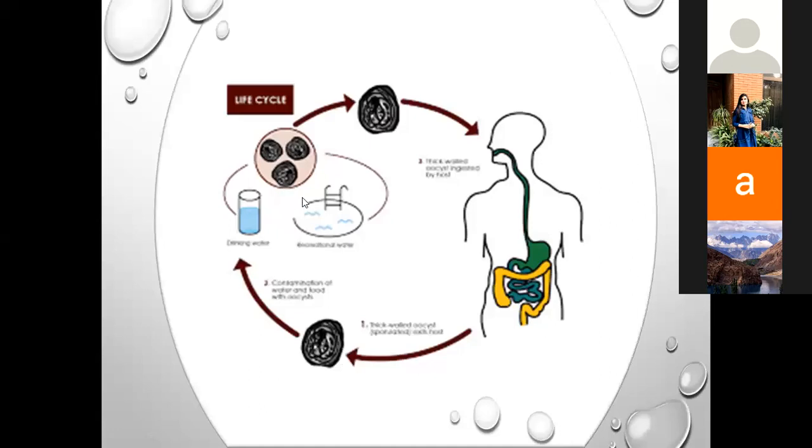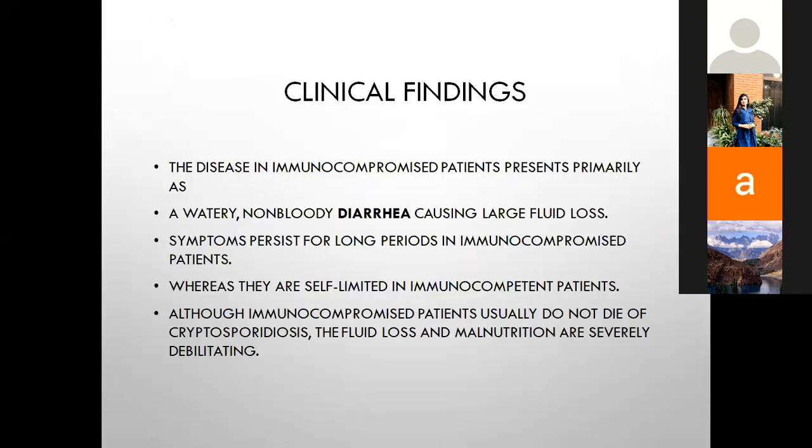If you see this one, this is contaminated water containing the cyst, and then it is ingested by humans. In the gut, it is again secreted in the feces of the patient, and then again the contaminated water is there. What are the clinical findings? This is basically a disease of immunocompromised patients, and a watery non-bloody diarrhea causes large fluid loss. Symptoms persist for a long period in immunocompromised patients, whereas it is self-limited in immunocompetent patients.